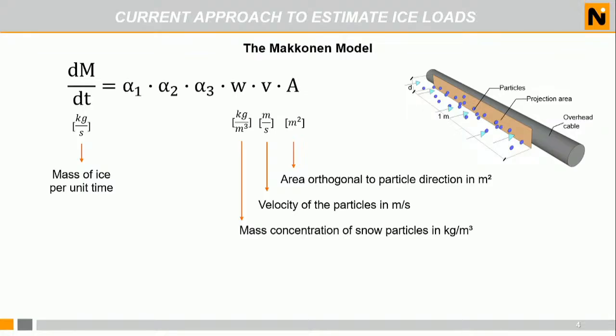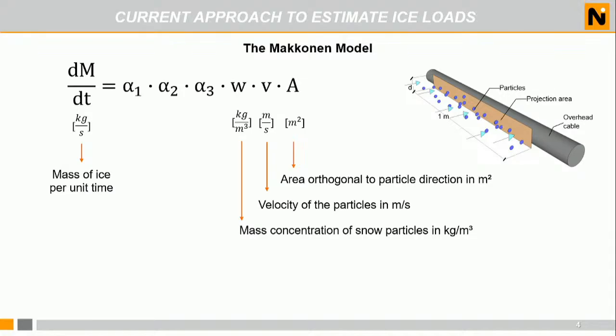So you need to know the mass concentration of the snow in the air. And then you need to know the impinging surface, so basically the diameter of your conductor, and the velocity. Because if the wind velocity is higher, you will have more particles in the unit time.